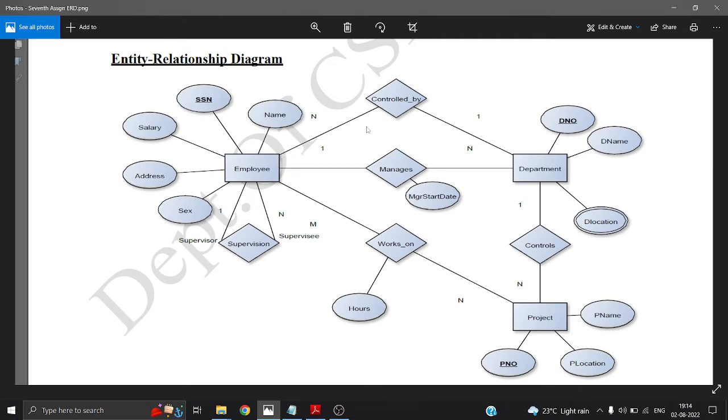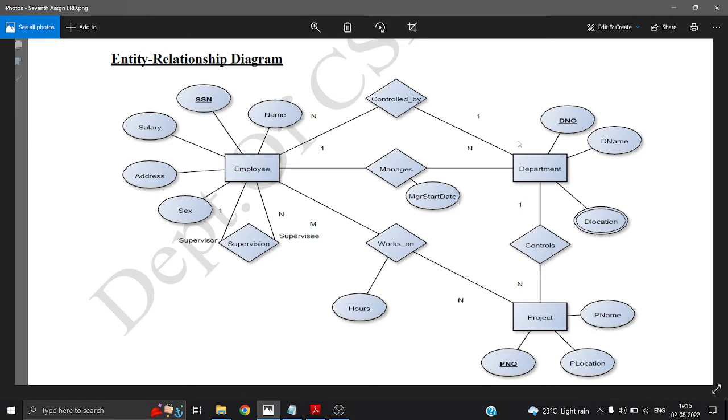That's the meaning of controlled by, or you can give the other name, works for. One thing you are supposed to remember: one employee works for only one department, he cannot work for more than one department. This is what you are expected to clearly understand.